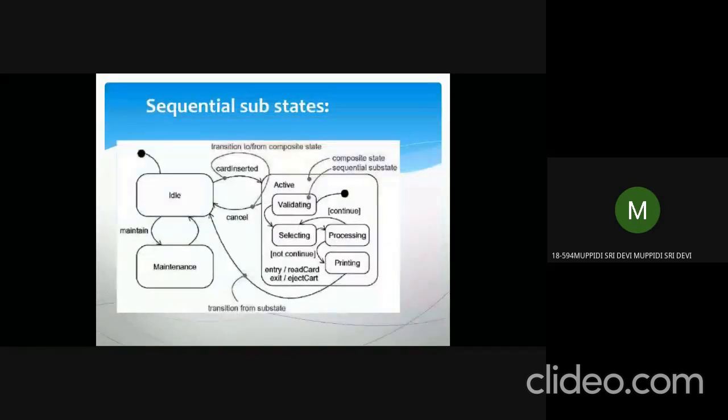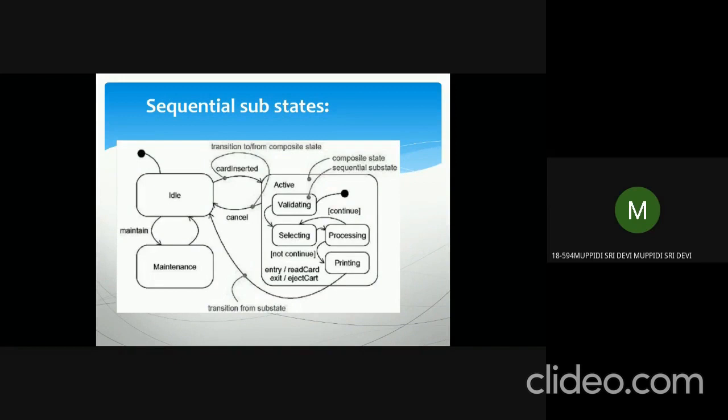So this is the sequential state. As I told you, only one action will be performed at a single time, not more than one action at the same time. If you see this diagram, this is an example for sequential substates. Here we have three states: one is idle, two is maintenance, three is active.